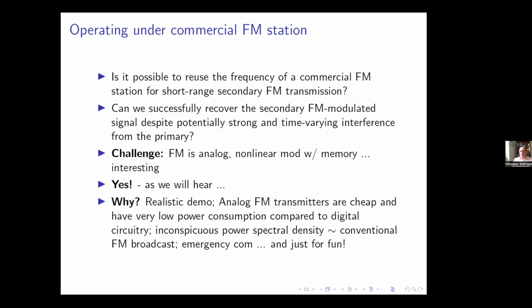Relative to what we did earlier, even though I mentioned that the repetition idea and canonical correlation analysis works with analog modulations, FM is not only analog, it is a non-linear modulation, and it has memory, which makes it technically interesting. So the answer is yes, and I will show you a demo of this. It does work, and you will hear it work.